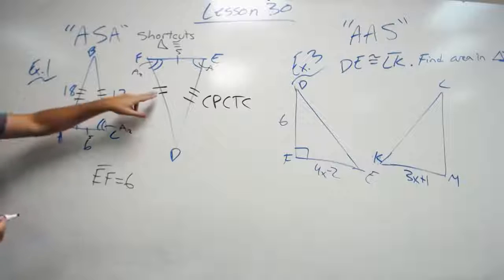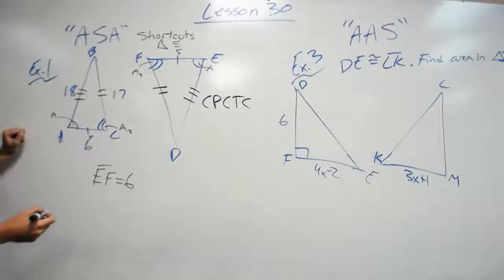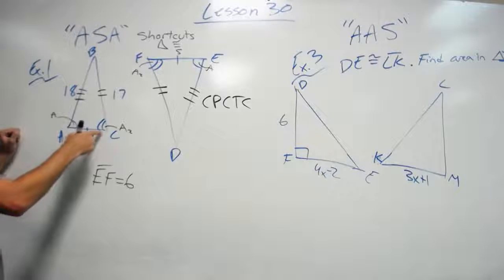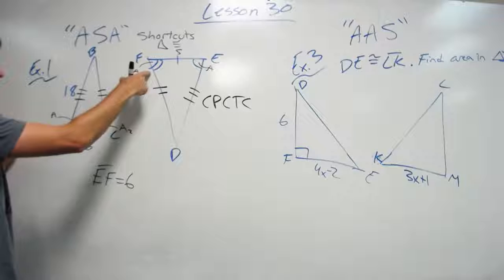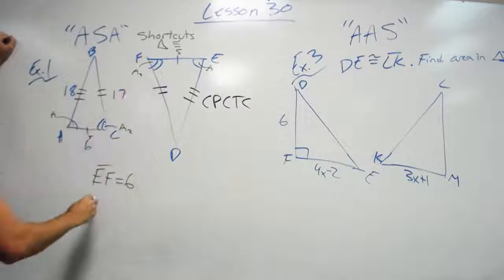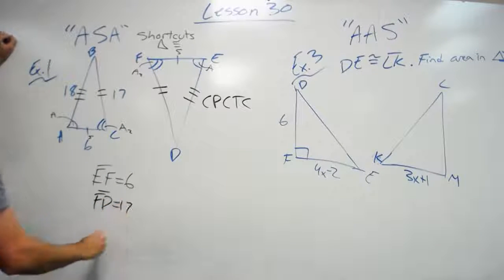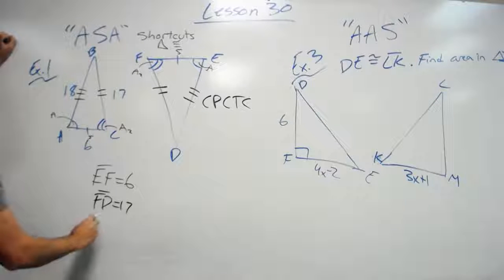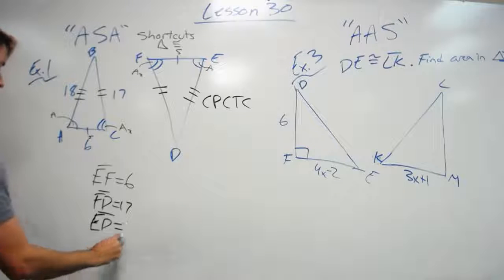Now make sure you know that FD is congruent to BC. The reason I knew that these two sides are congruent is because of this 2 angle mark. And so we were able to figure out which sides correspond. So now we know that FD equals 17 and side ED equals 18.